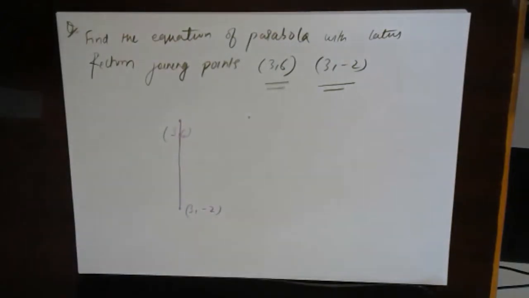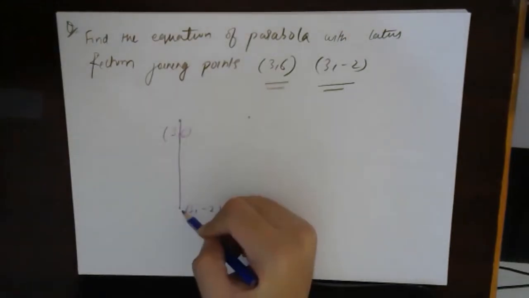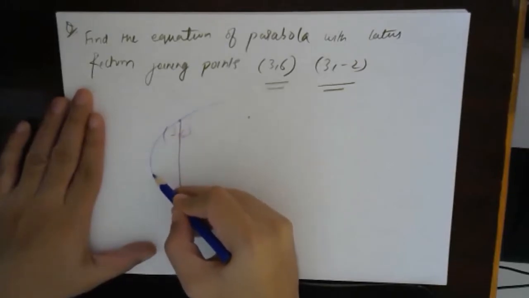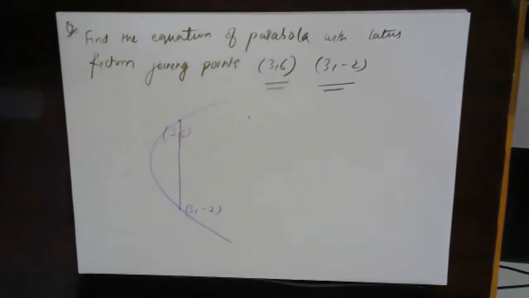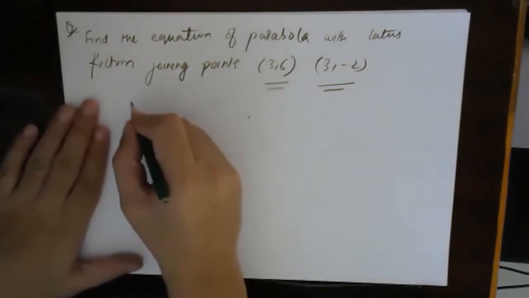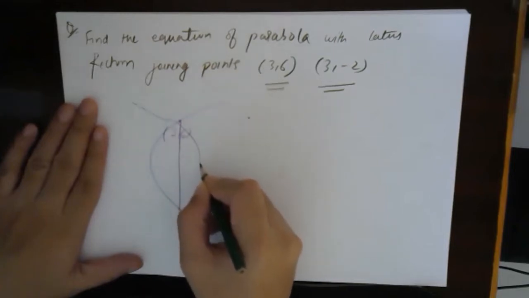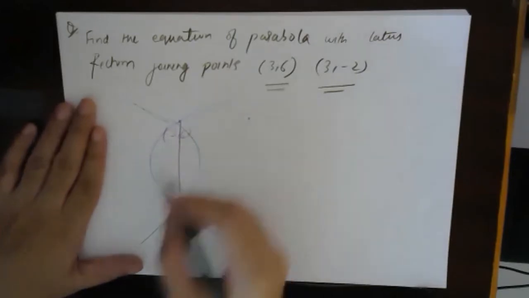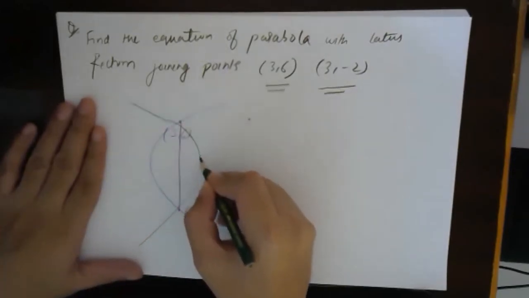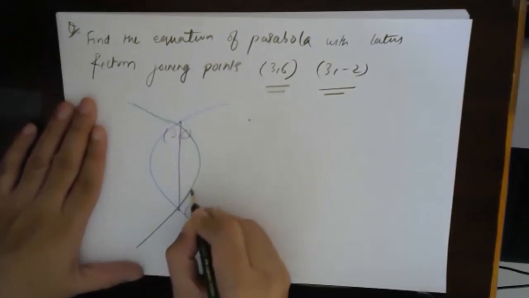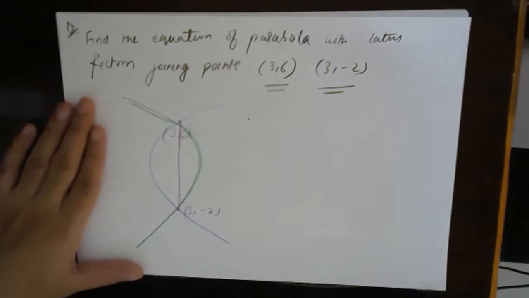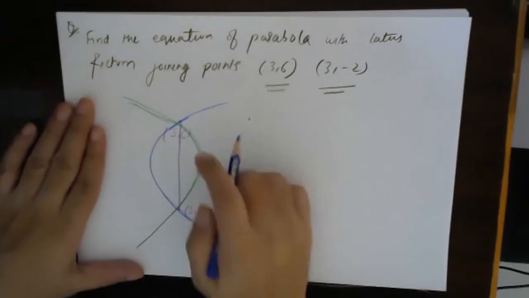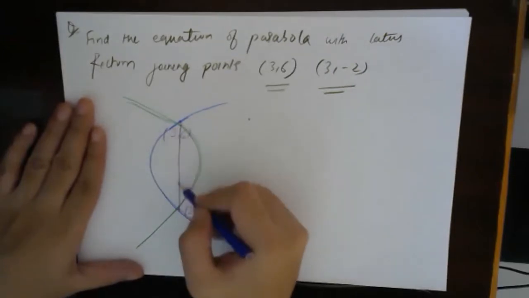That means the parabola whose latus rectum is this must be of a form like this, or of a form like this. These are the 2 possibilities. One possible parabola can be of this form, and the other of this form. For both parabolas, this is the latus rectum.